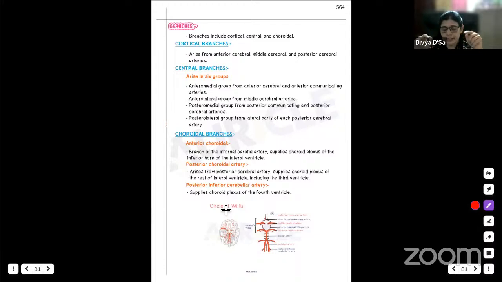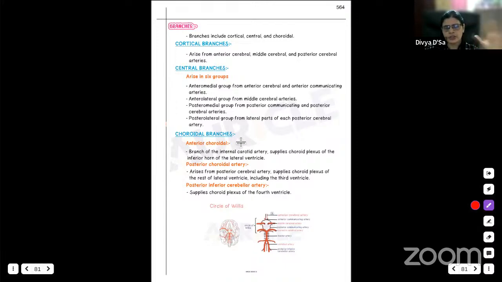Only if there is a lesion somewhere, and the blood supply is compromised, then this circle of Willis becomes patent. Otherwise, the blood will be flowing in its own direction without crossing over. Okay, only when there is a lesion, it becomes patent.